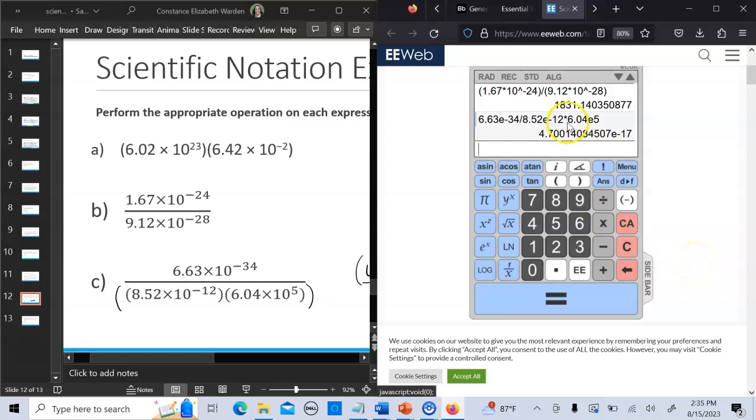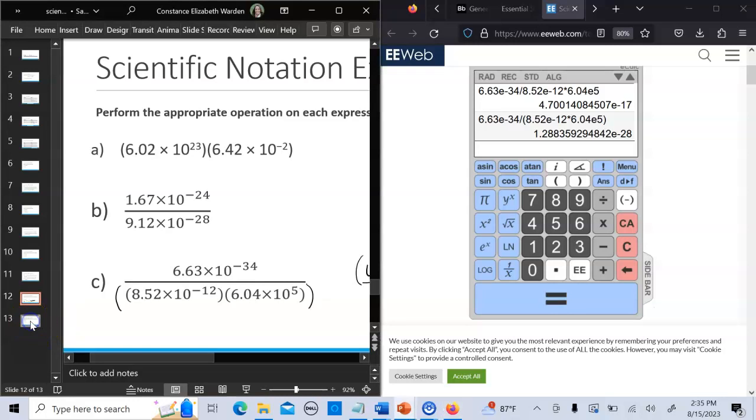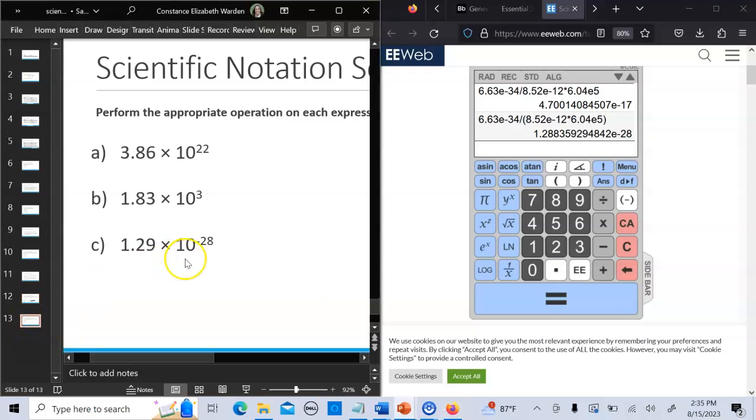Type in the same thing that we did before, but this time include parentheses around everything on the bottom of the equation. Hit enter, and now we get the solution that we see on the slide, roughly 1.29 times 10 to the negative 28th. Okay.